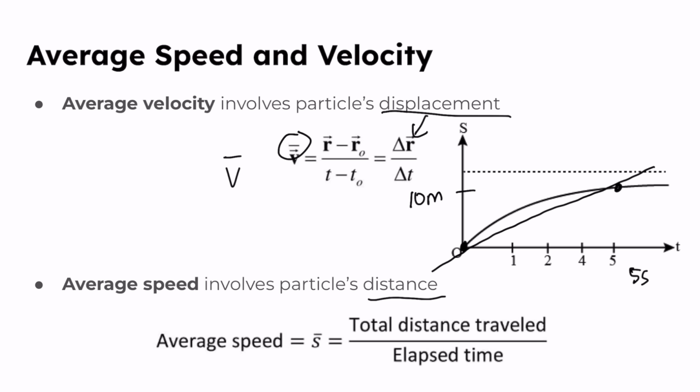If we take the slope of this line, it would just be 10 meters, the rise over the run, right? We've all learned that. So 10 meters over 5 seconds gives us 2 meters per second. Notice how we get the meters per second unit from that.